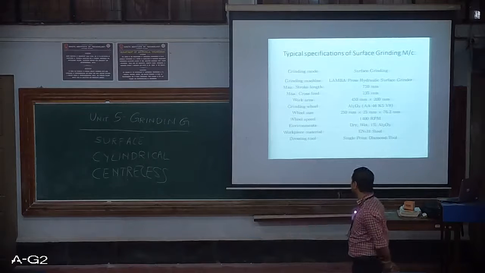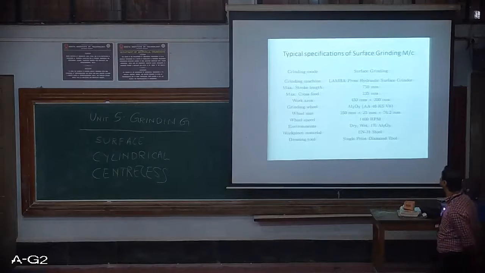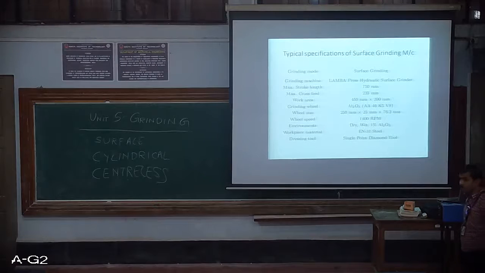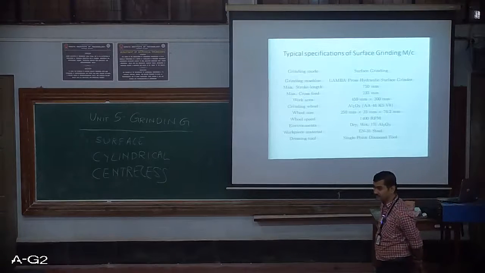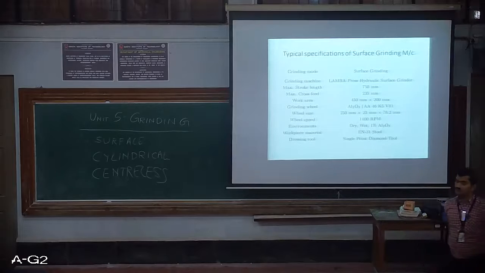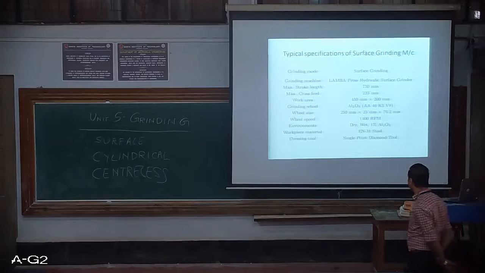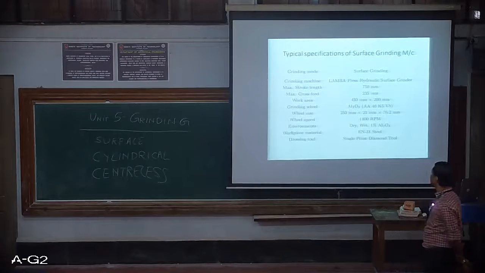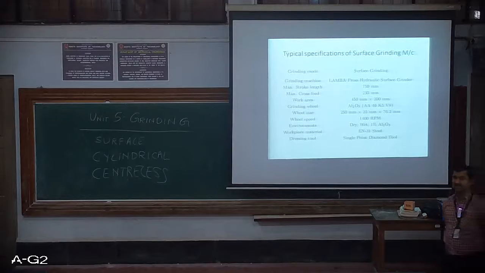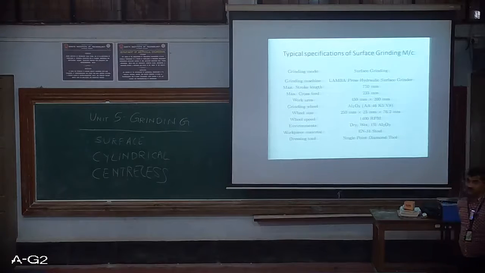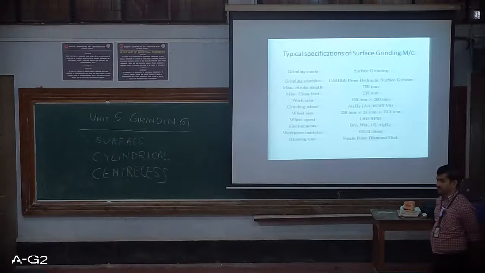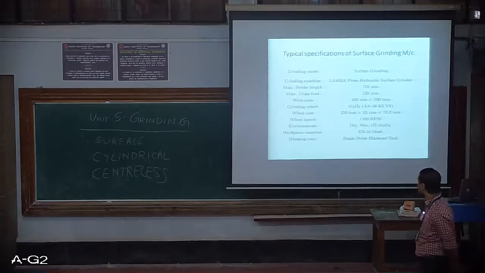Again, in that there is some coding, that is AA46, K5, V8. Those are all coding, so we will see what that grinding nomenclature is. They represent the grit size, the type of bonding, and whether it's vitrified or shellac bond and so on. So we'll see that.